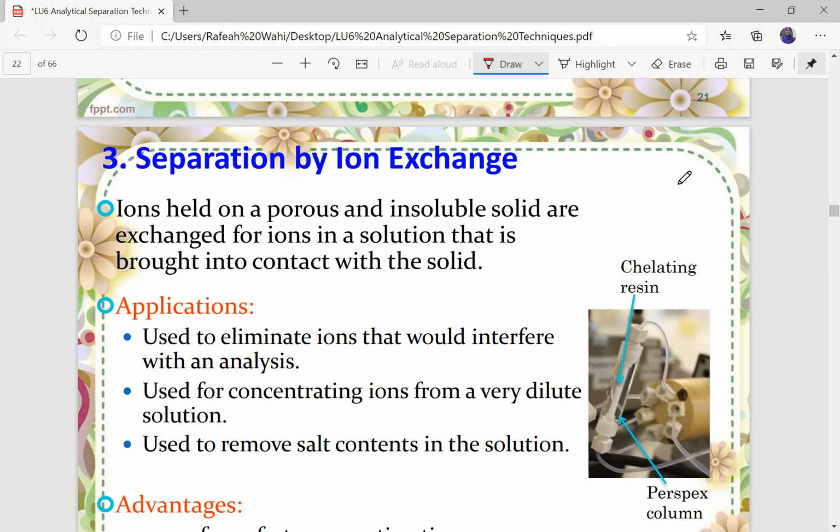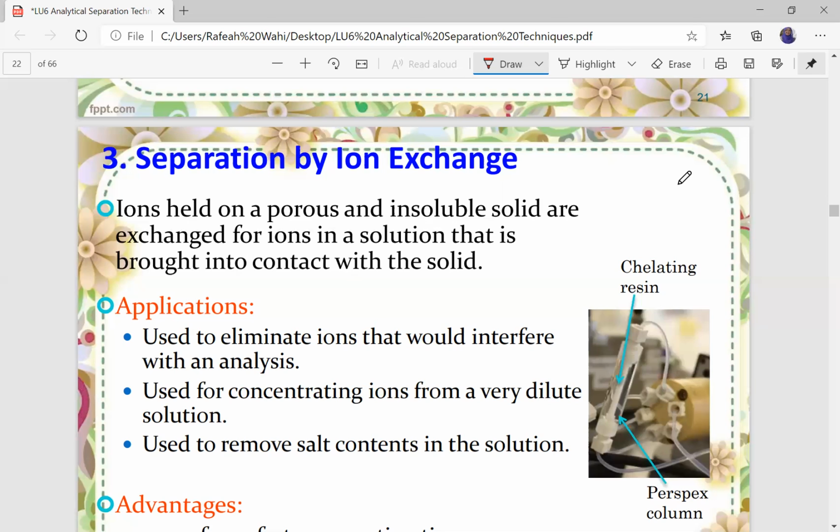One typical example of ion exchange in water treatment is the process that we call water softening, whereby we want to reduce the amount of calcium and magnesium content in the water.